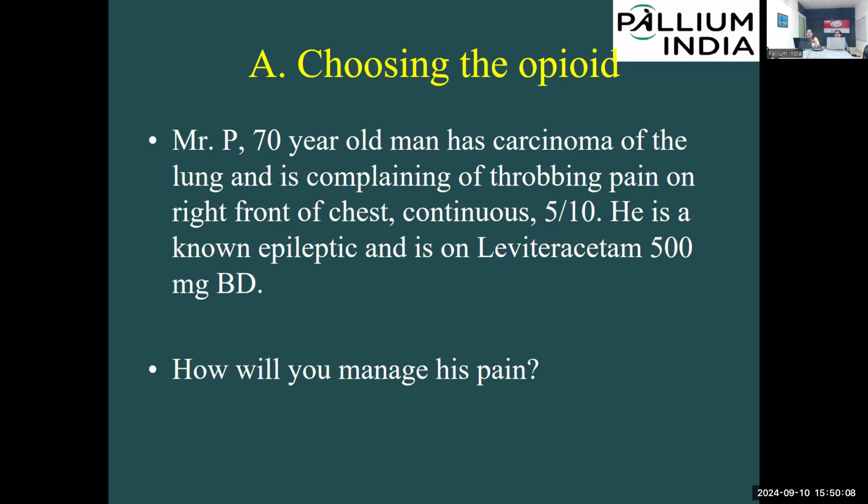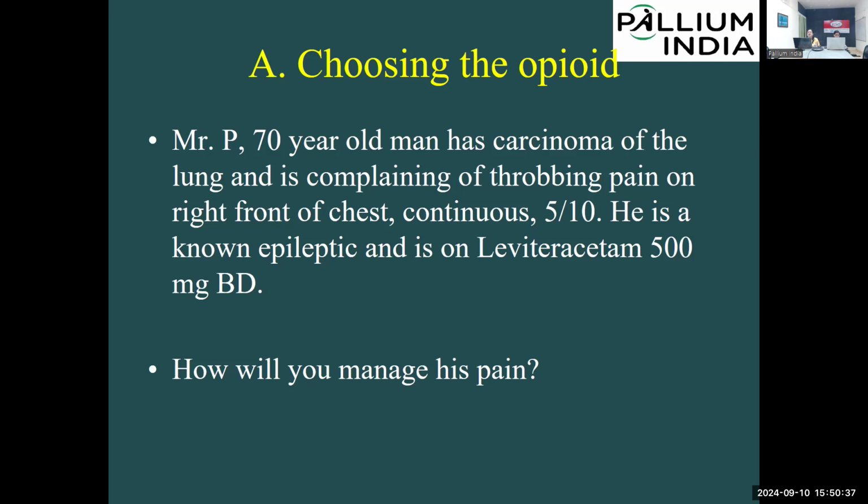But tramadol as well as tapentadol are drugs which reduce the seizure threshold and have to be used cautiously in patients who are prone to seizures or who are already on anti-epileptic drugs. So, yes, Jennifer.